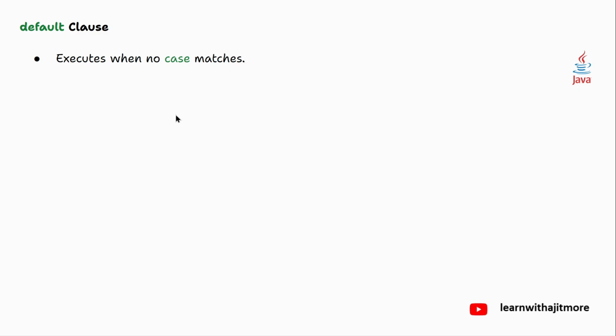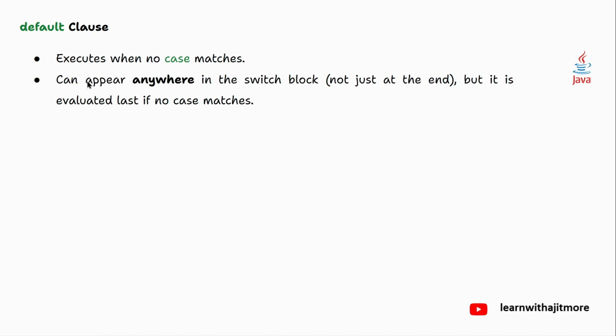So to the switch, we are passing expression. And in case, we are writing case labels, that is value, case value 1, case value 2, case value 3. So if that expression doesn't match with any of the case value, then it executes default. Okay. And according to the rule, it can appear anywhere. Grammatically, syntactically, it says that you can write anywhere.